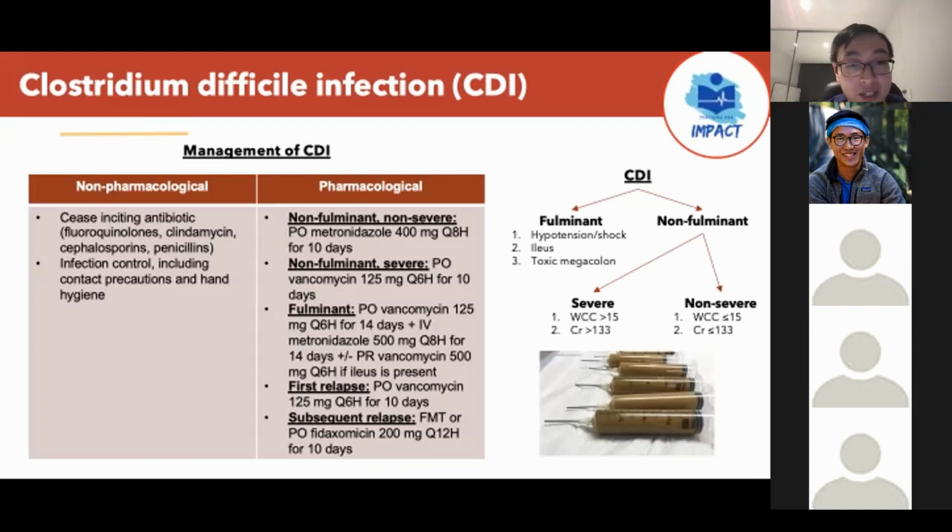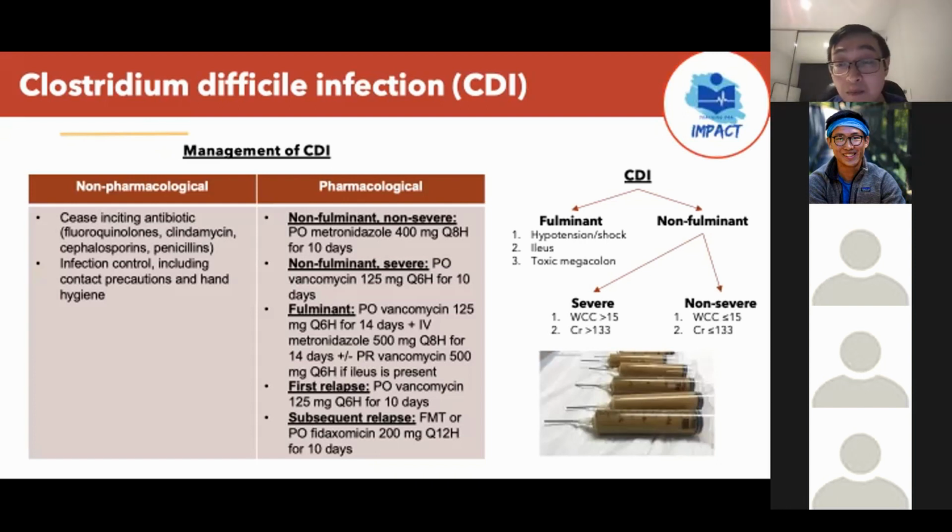Now, if the patient is refractory to these antibiotics or relapses, then the preferred treatment is a fecal microbiota transplantation. And I have to say, I've never seen one of these. I'm not sure how readily available they are. When I was part of the ID unit earlier this year, I had a patient with refractory Clostridium difficile infection, was for consideration of fecal microbiota transplantation, ultimately decided that logistically it was too difficult to organize.